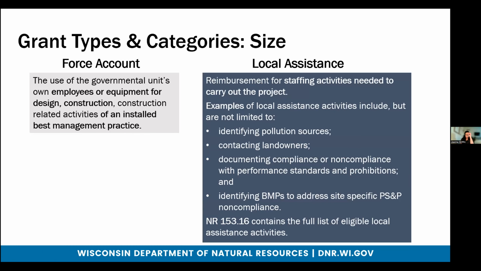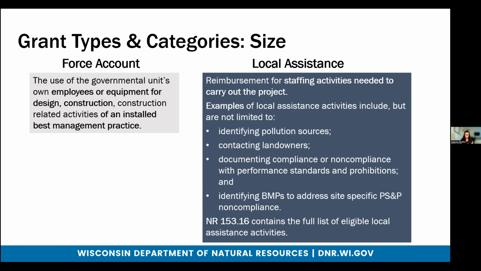Local assistance is reimbursement for staffing activities needed to carry out the project. Although local assistance activities must be project related, they don't have to be directly related to the design and construction of an installed BMP. So there's a little more flexibility. And this is used in large scale TRM grants.